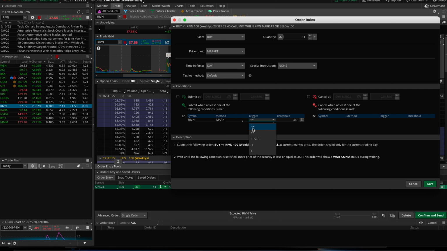The arrow always points to the smaller number, or if you remember, the whale eats the larger number, right? So this is less than or greater than. In this case, I'm going to select greater than. So I want to take this trade if Rivian's price is higher than, in this case, we said $38.